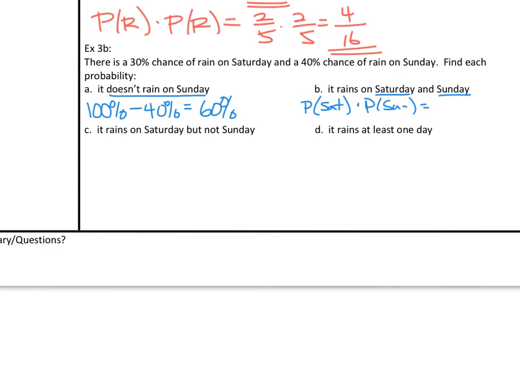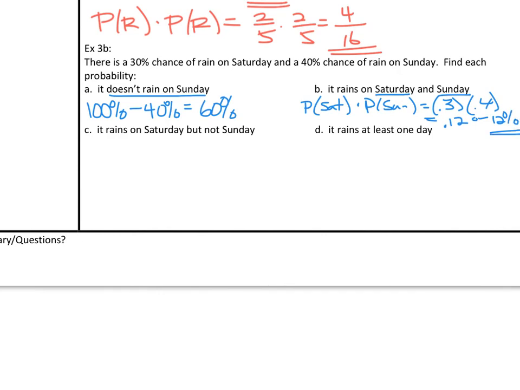When we multiply percentages together, we actually put them back into decimal form. There's a 30% chance of rain on Saturday, which means that's 0.3 for the probability. There's 40% chance of rain on Sunday, or 0.4. If you multiply those together, there's only a 0.12 or 12% chance that it's going to actually rain both days.